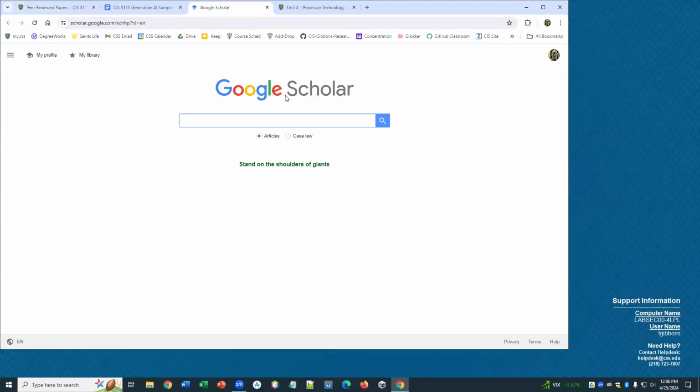If you go to Google Scholar and just click articles, it'll search that. If you're logged in as you, it'll tie into your library and give you access to the Saint Scholastica library resources through here.